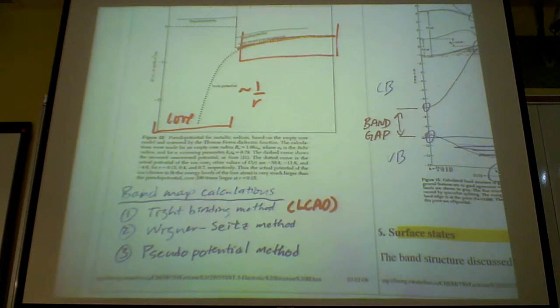So Wigner-Seitz said, okay, let's assume everything is like k equals 0. No k dependency, that's what he said. So it greatly simplified this periodic function, and they use that as a way to generate the structure.